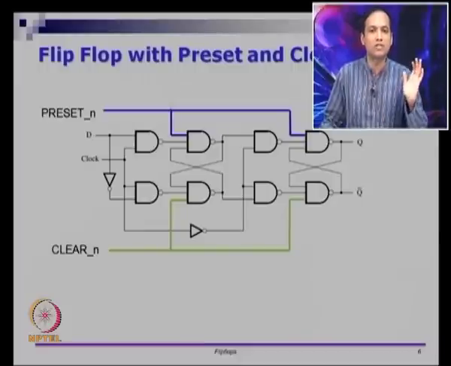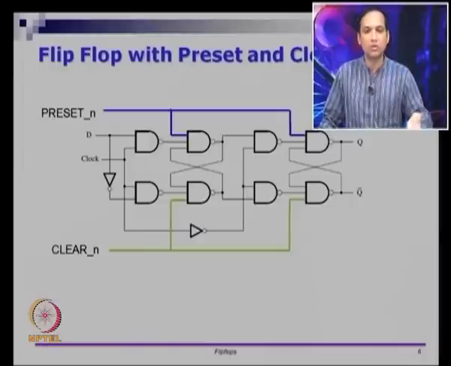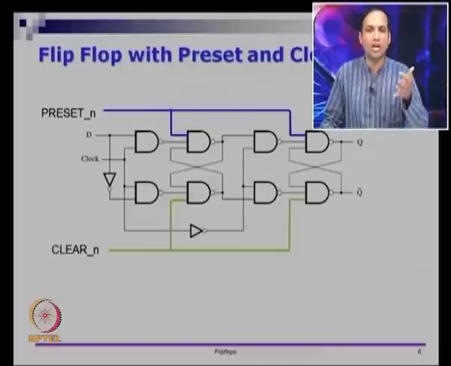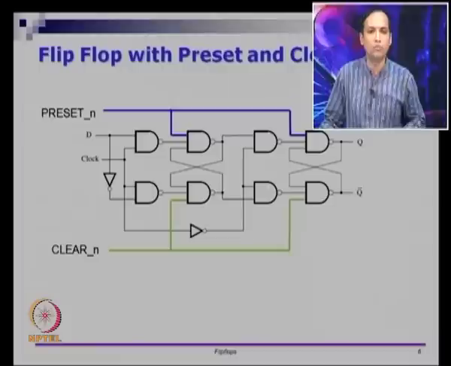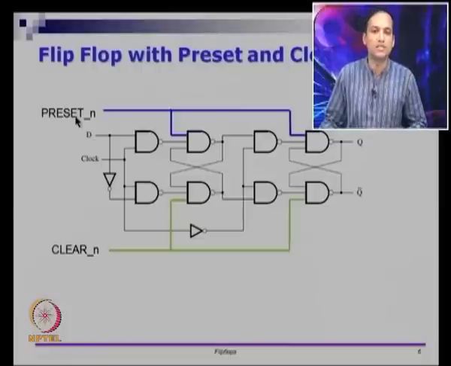Whenever preset is on, this is something you do when the circuit comes up, you may not have any data input, but you want the flip flop to have 1 at the output. In those cases you want to bring a preset. So, a preset of 1 means the flip flop should be set to 1.